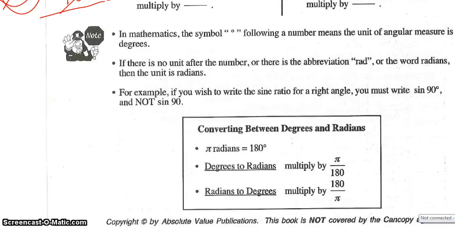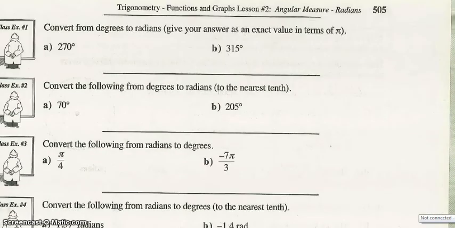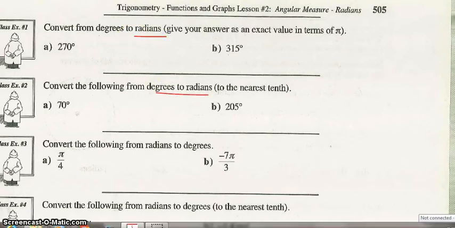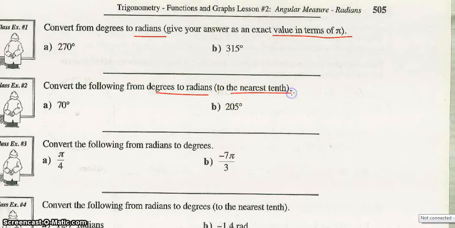So you need to convert between them. Okay? There are some answers here. Convert to radian, it could have two questions. One is in terms of pi, one is just to the nearest tenth. In terms of pi, you leave the answer with a pi there. If you convert this fraction, this is 3, this is 2.